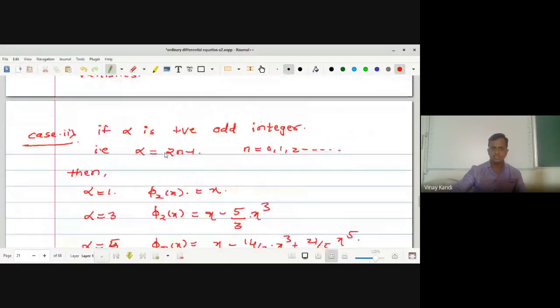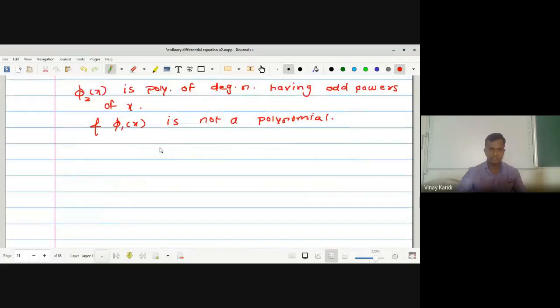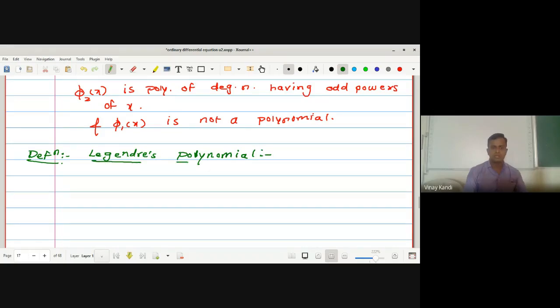Okay, now the next definition. The next definition is Legendre's equation or polynomial. What is the Legendre's polynomial? Okay, look at here, the definition.